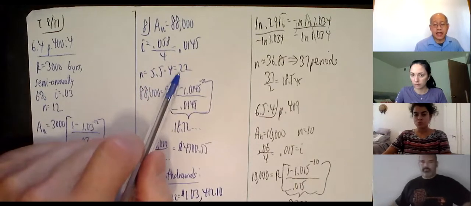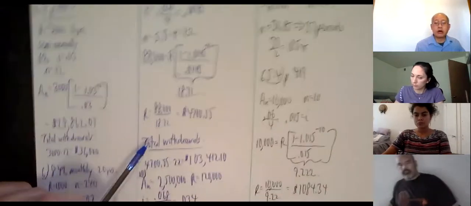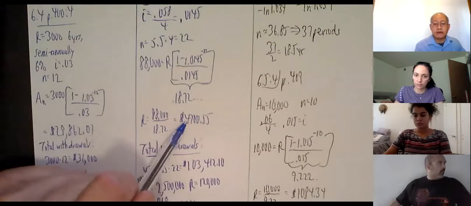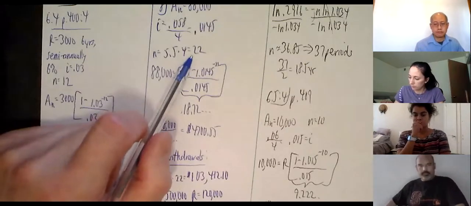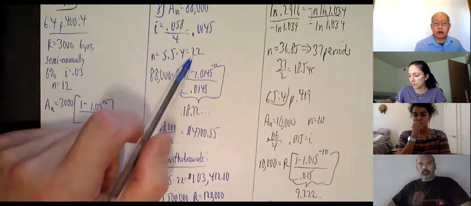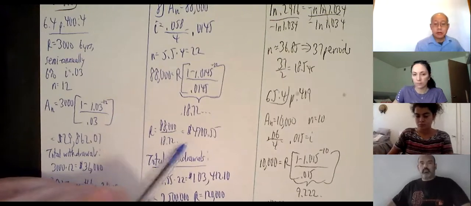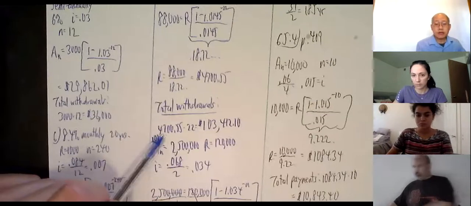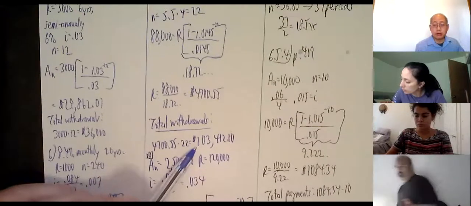The whole idea is that it's earning interest. Every quarter I can take out this much money, like for retirement or whatever. So if I multiply 4,700.55 times 22, this is the total amount of withdrawals.